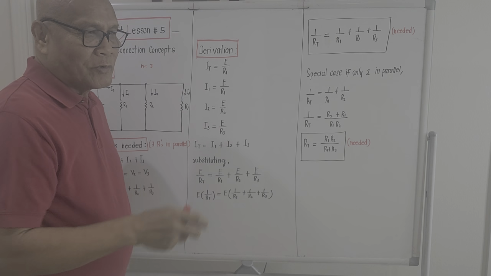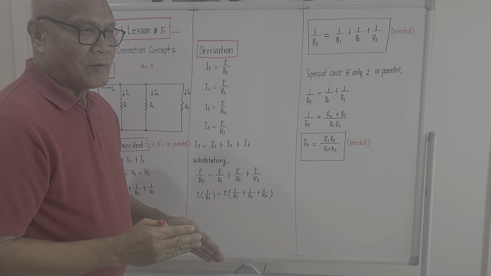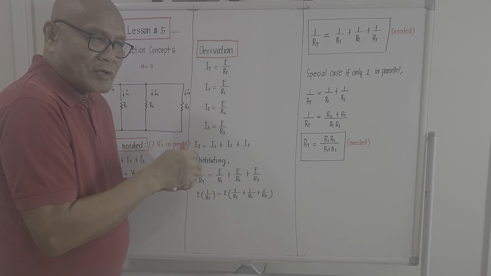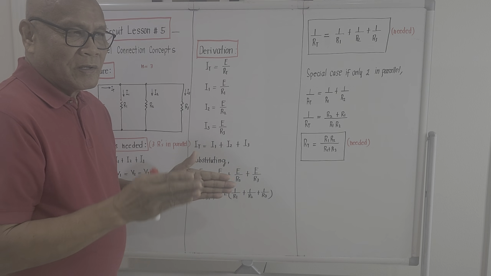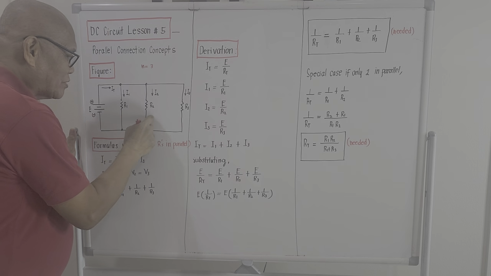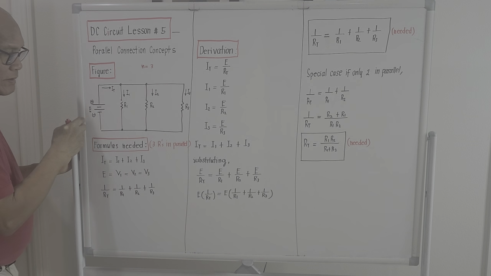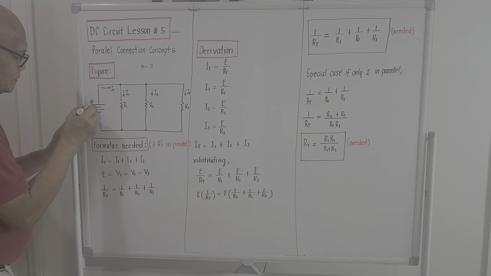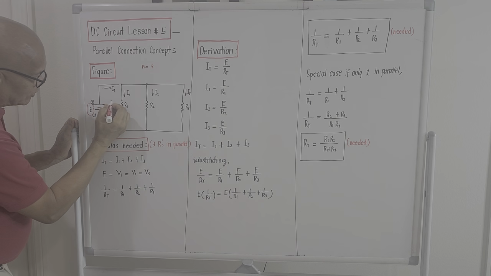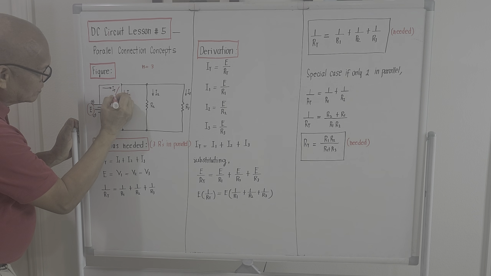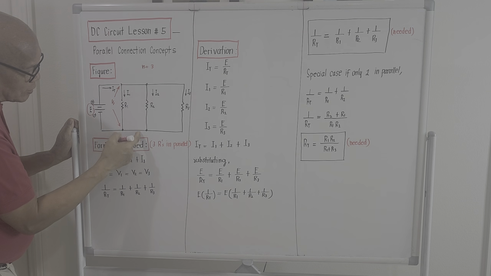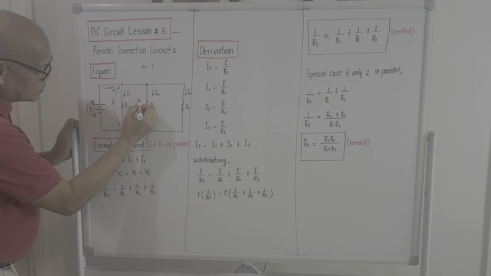But for a parallel connection, that will be a different story. The parameter that is common to all the resistances will be different. It is not current. The common parameter to each individual resistance is actually the voltage E. This is E. The voltage across R1 is designated as V1. The voltage across R2 is designated as V sub 2.